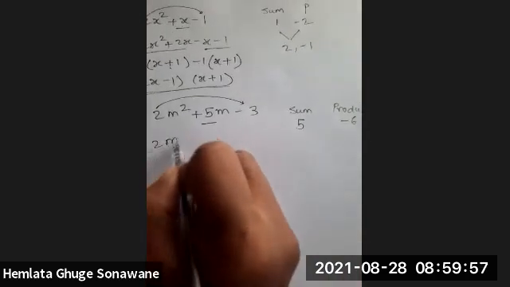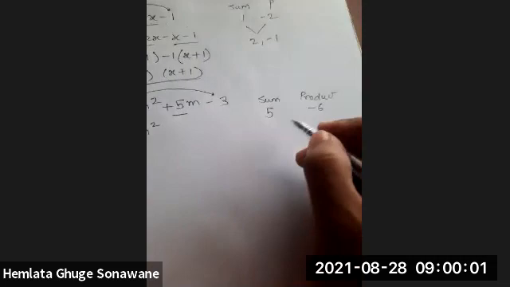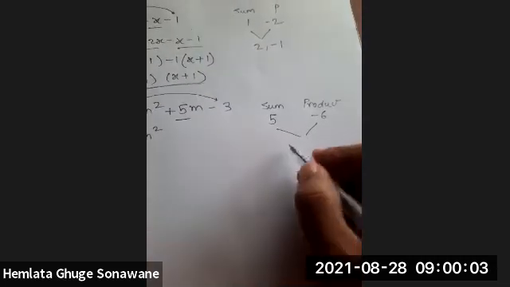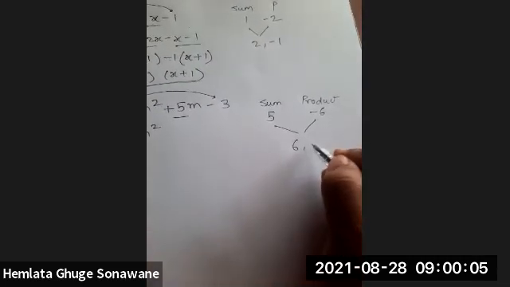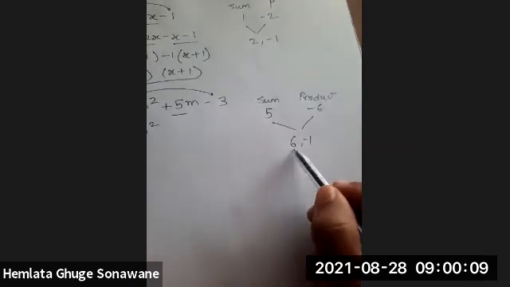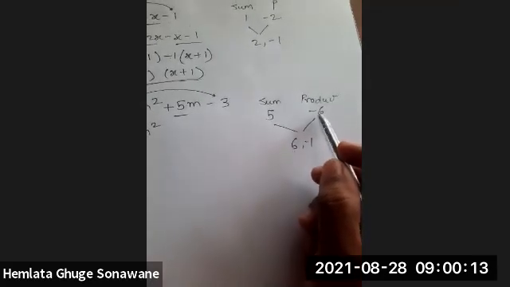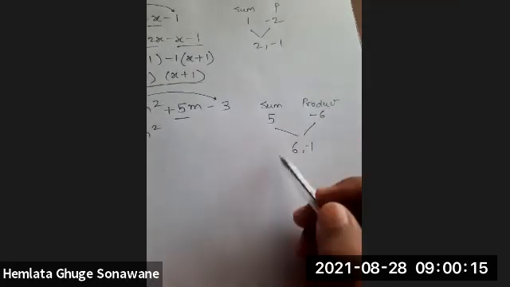We'll write 2m square as it is. We'll split this term 5m into 6 and minus 1, whose sum is 5 and whose product is minus 6.